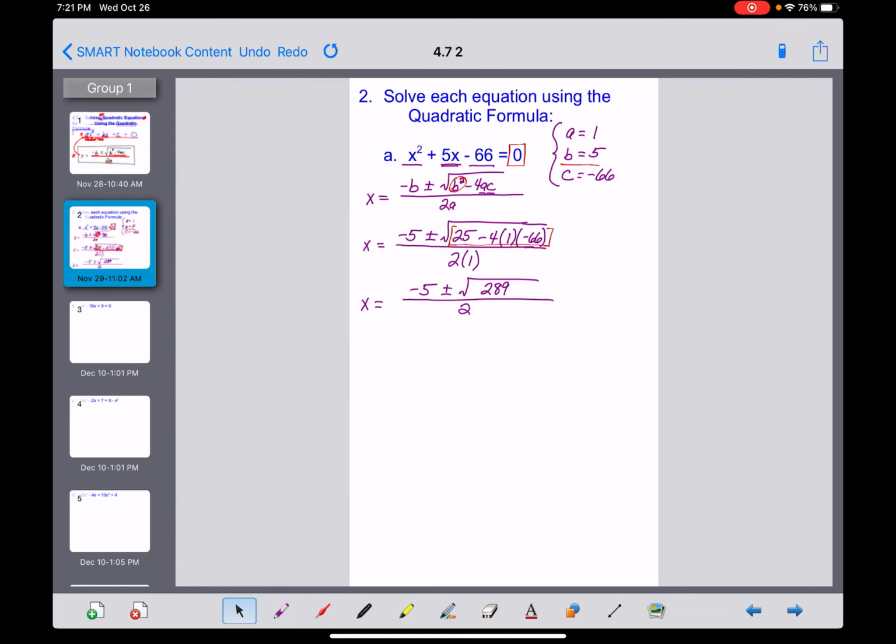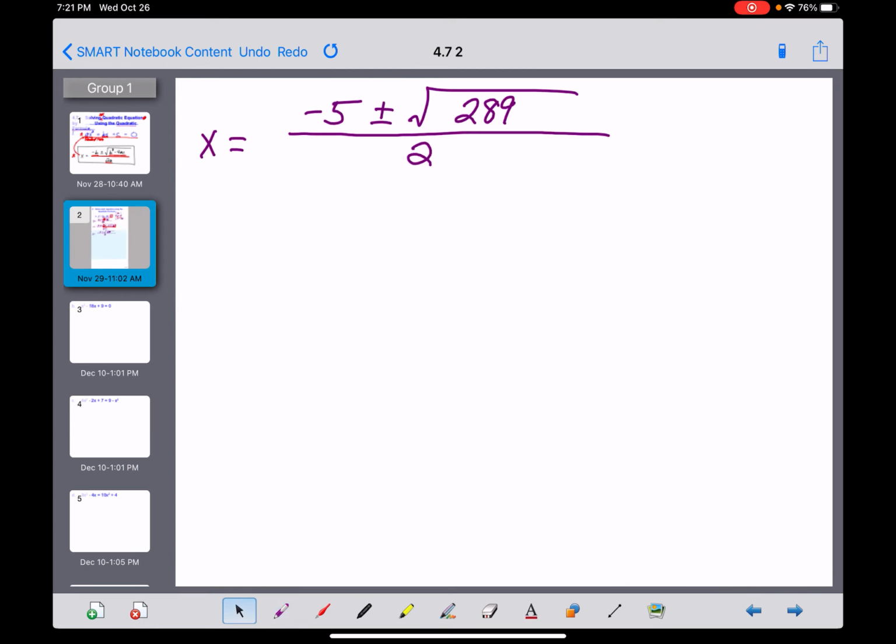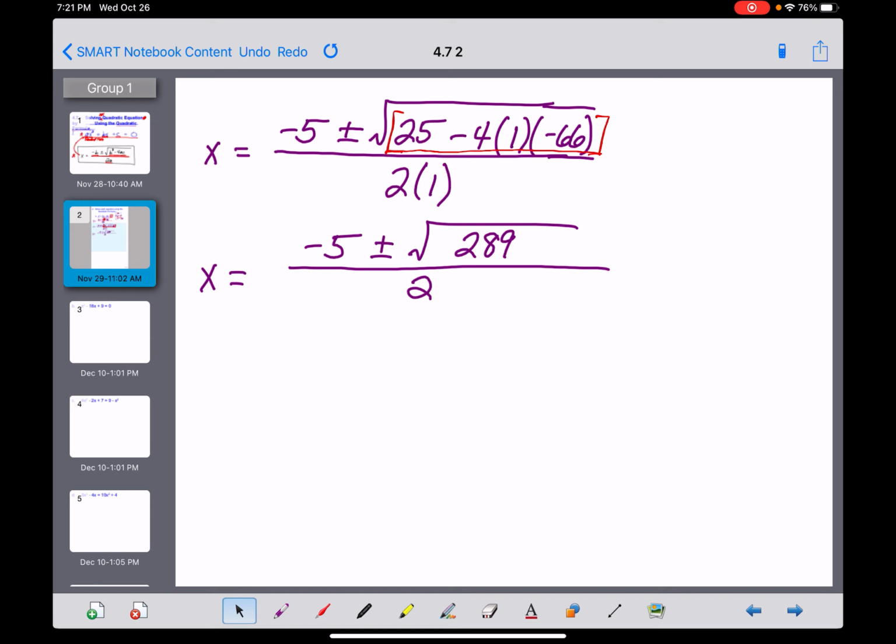Now at this point, your quadratic formula can look very, very different from problem to problem right here. We're going to see what kind of problem we're dealing with right here. The first thing to notice is that radicand we came up with of 289, and we're now trying to take the square root of that number. Whether or not that number we came up with is a perfect square has a big impact on how difficult this problem can be to solve.